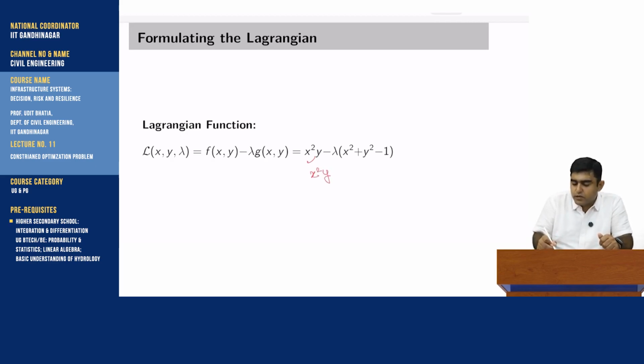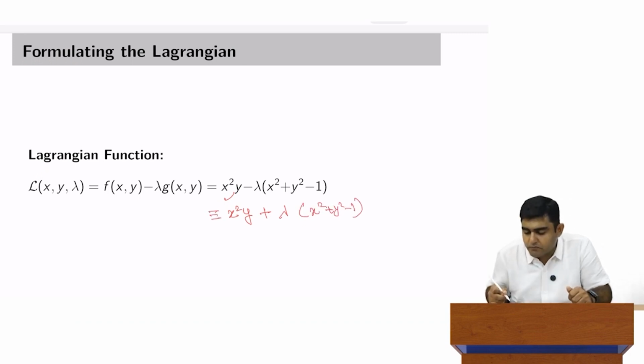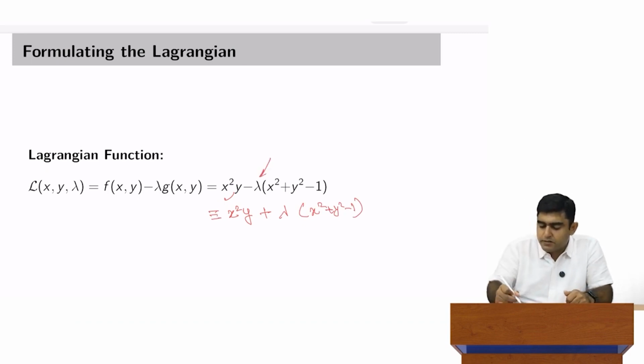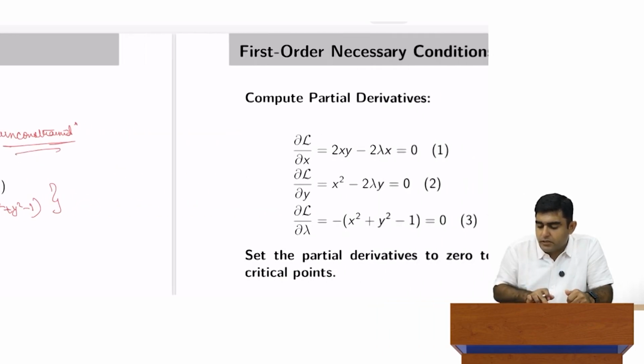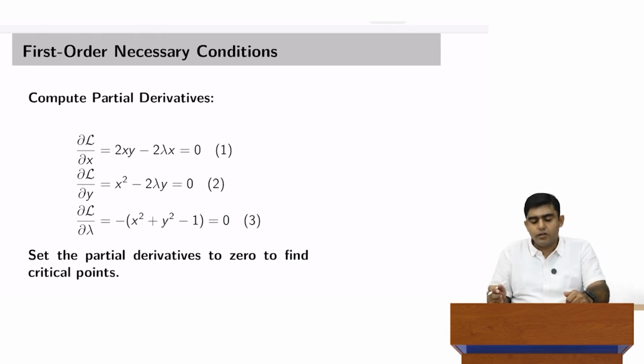I can also write it as x square y plus lambda times (x square plus y square minus 1), again emphasizing that these are equivalent statements, because in this case lambda is unconstrained. So do not get bothered if we go with a different form in a different problem.